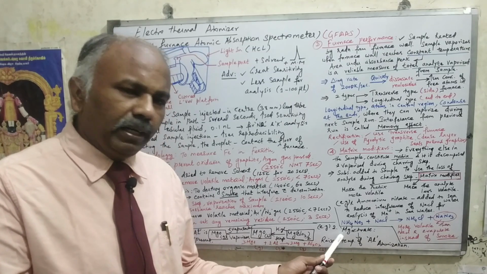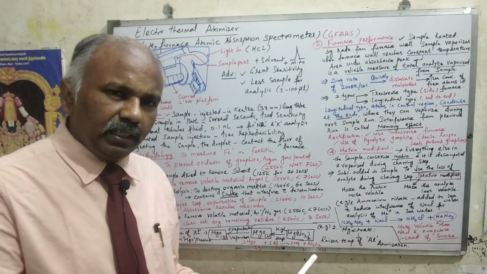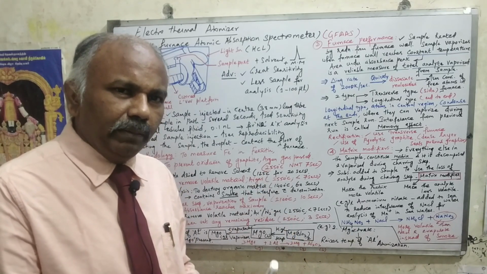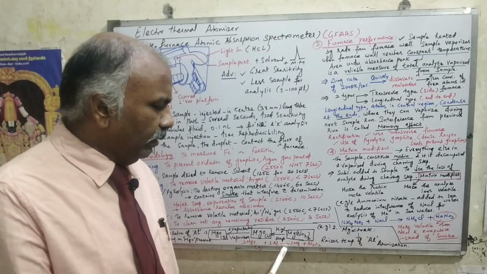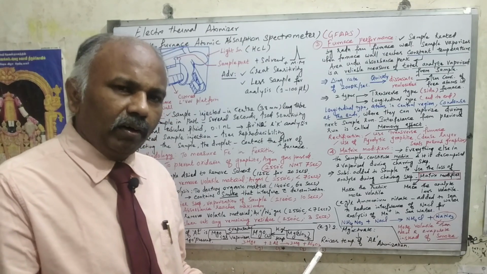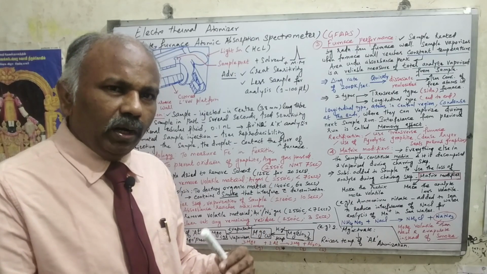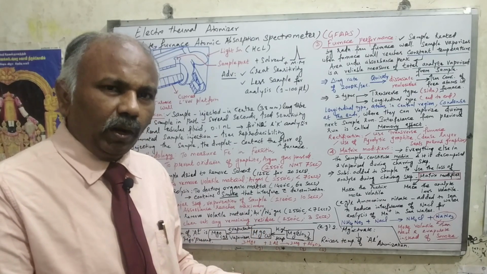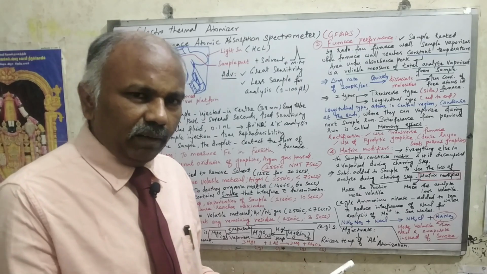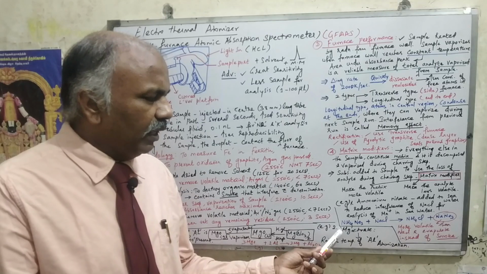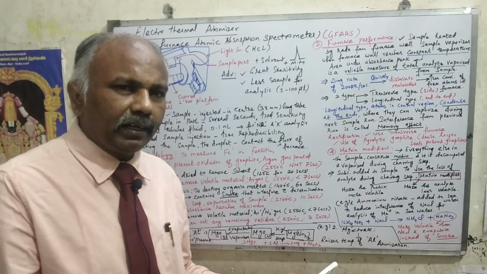Magnesium nitrate will be converted into magnesium oxide in the gaseous form, and this magnesium oxide will protect the aluminum by combining with aluminum and converting it into aluminum oxide, right? So it prevents the higher volatility, or it makes the sample less volatile. Otherwise the sample will be gone, right? So it makes the aluminum sample less volatile, which is why we are using magnesium nitrate as a matrix modifier.